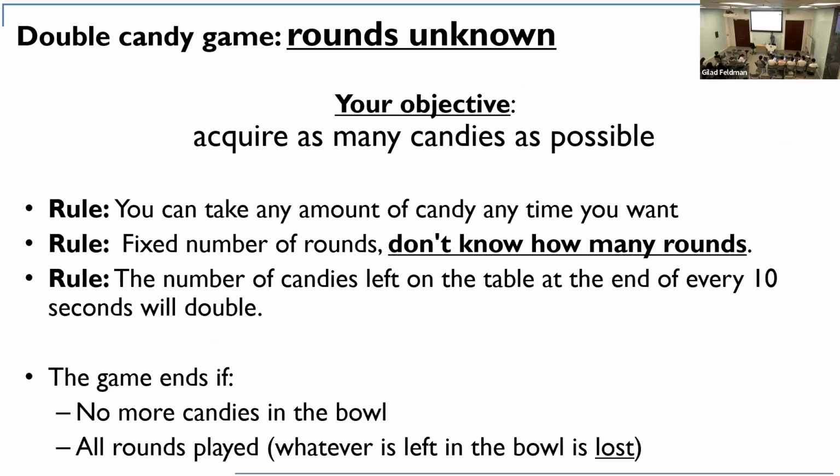Okay, another game. And we're going to try and increase this a little bit. Once again, your task is to acquire as many candies as possible. Students are going to be lining up, let's say here. So we're going to line the volunteers here.